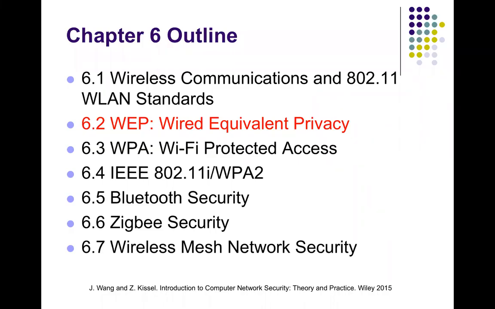In this video, we are going to look at a wireless security protocol called WEP, which stands for Wired Equivalent Privacy. This was the earliest protocol used in wireless networks in the late 1990s and early 2000s.